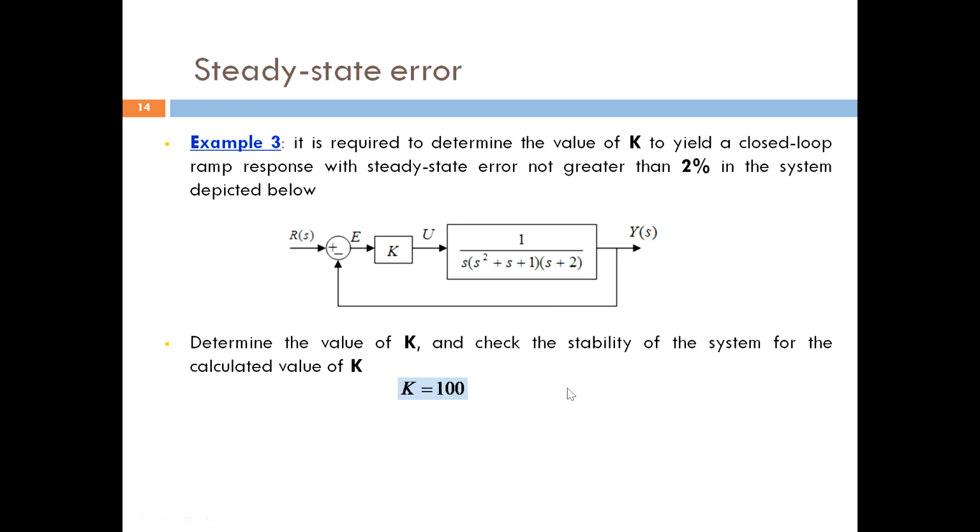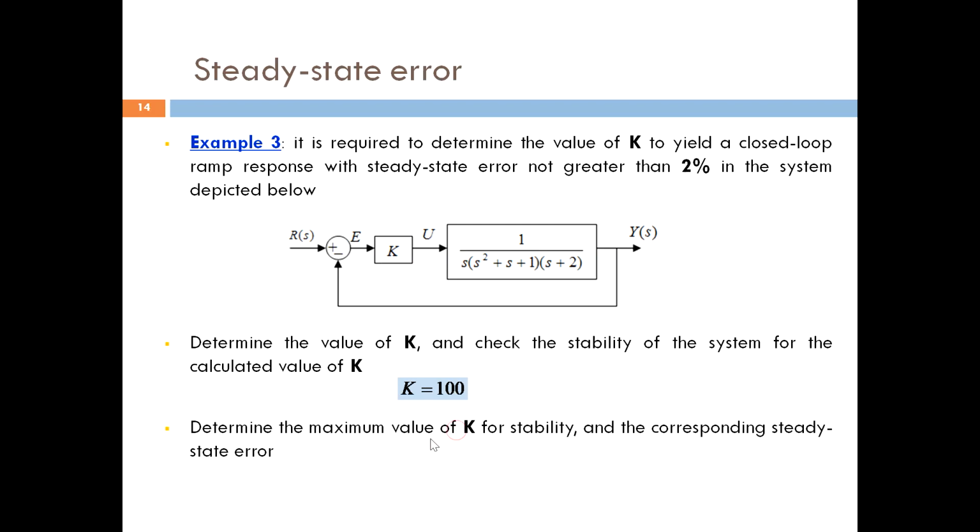you will find that it is unstable for this value of k, which means that we cannot use a gain controller alone to reduce the steady state error to 2%. The other problem is to determine the maximum value of k that will ensure the stability of the system and the corresponding steady state error. That was worked out to be, so we can only increase the gain to 7/9.